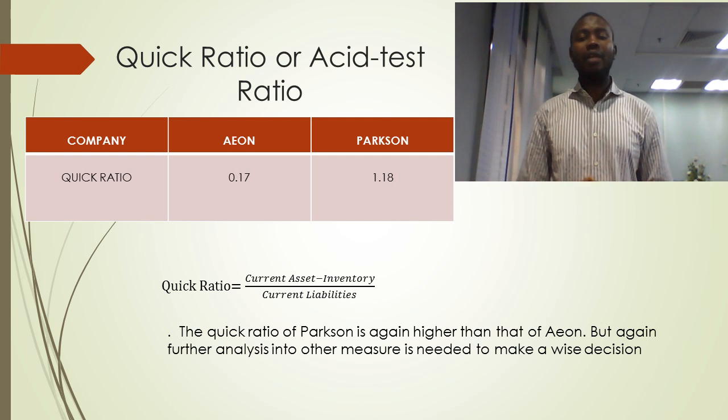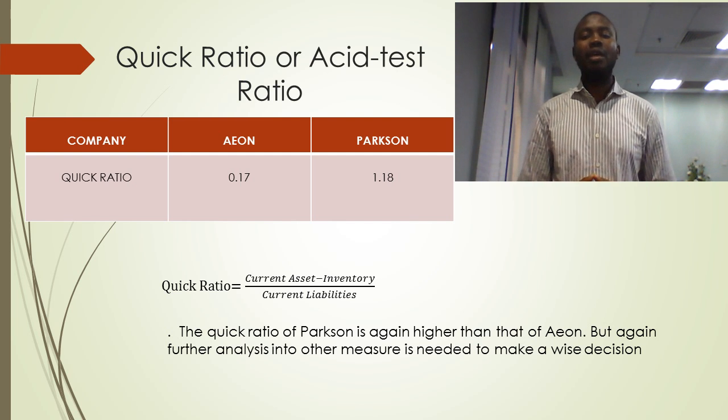So the analysis of these two companies, Aeon and Paxson, shows us that Aeon has 0.17 while Paxson has 1.18 upon the analysis of their quick ratio. How do we arrive at these figures?